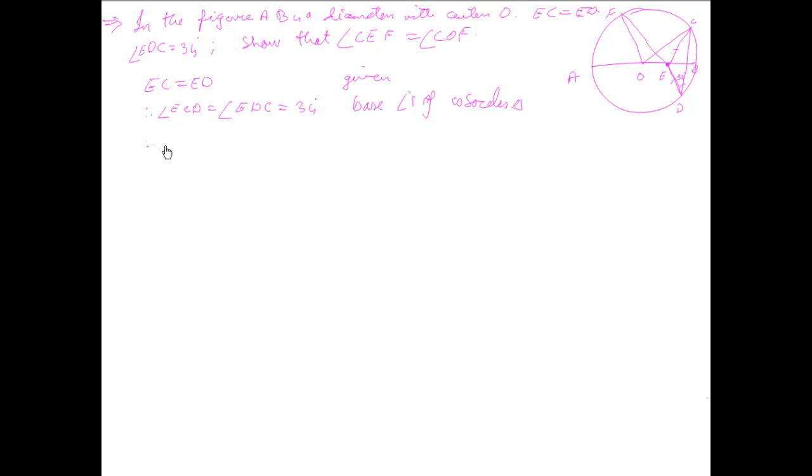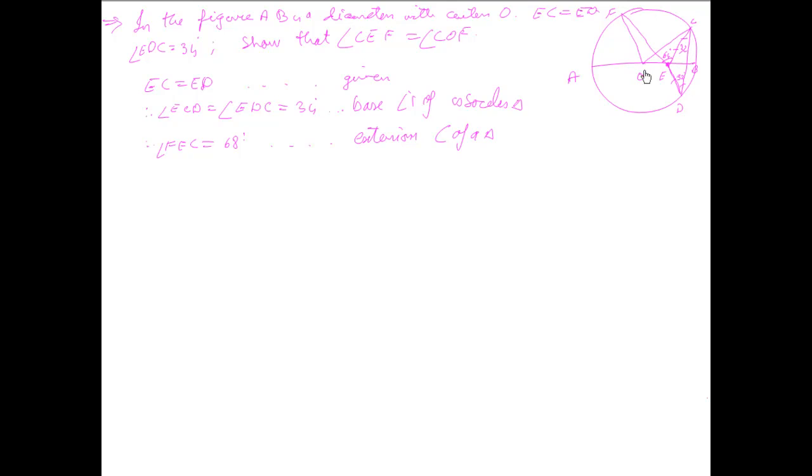Therefore children, angle FEC equal to 68 degrees. That's by exterior angle of a triangle. Exterior angle, children, is equal to the sum of remote interior angles.